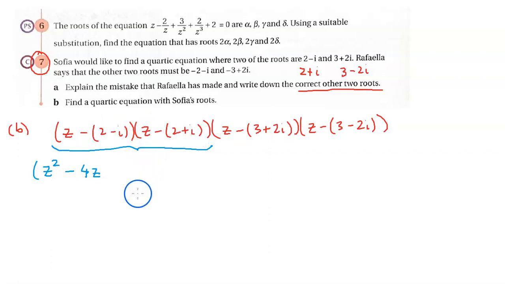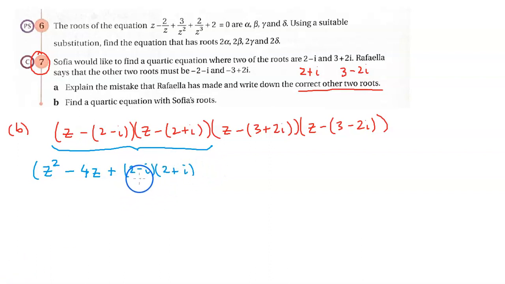So those parts are going to cancel out, and then the rest of it is just going to be plus 2 minus i times 2 plus i.